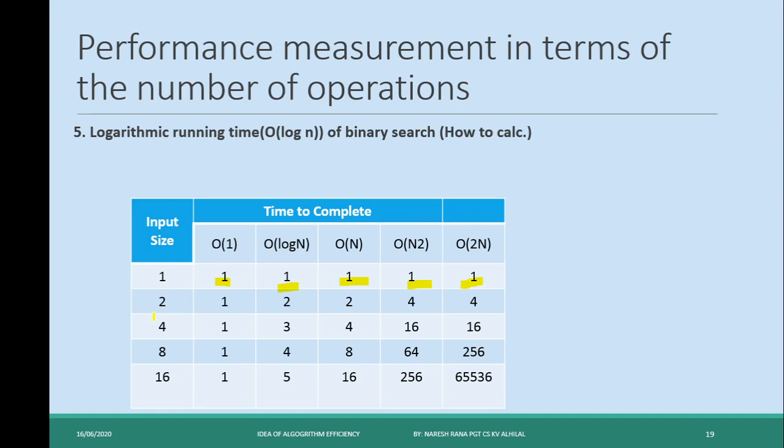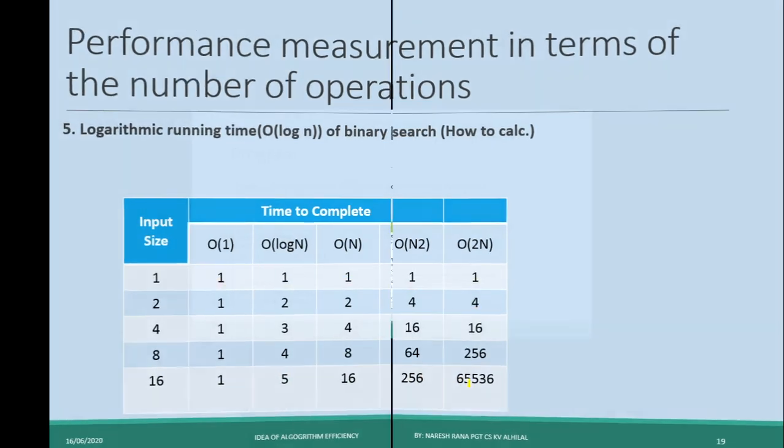When size increases to 2, O(1) is 1, log n is 2, then n is equal to 2, n squared is equal to 4 and 2^n is equal to 4. And if we increase to 4, then it becomes 3, 4, 16 and 16, and in the case of 8, 1, 4, 8, 64 and 256, and in the case of 16, 1, 5, 16, 256 and 65536.